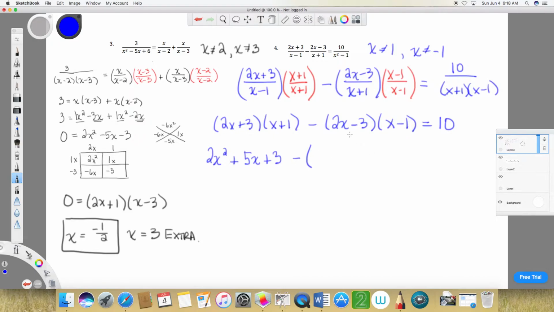So if I take 2x minus 3 times x minus 1, I get 2x squared minus 5x plus 3, and that equals 10. Let's write this out, not take too many shortcuts.